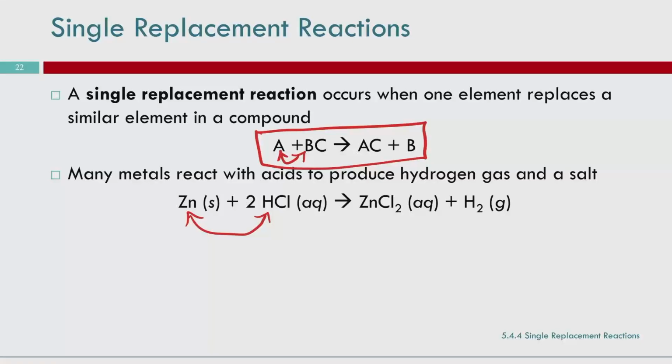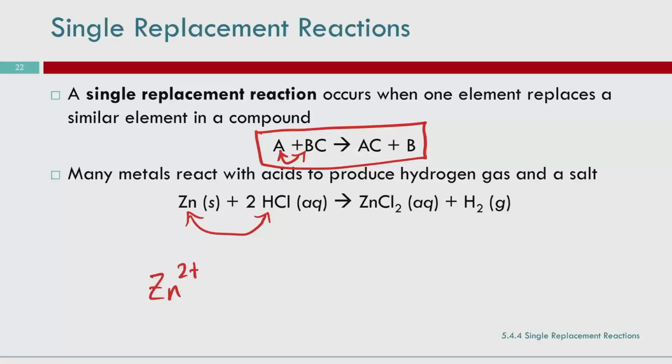Why did zinc swap for the hydrogen instead of swapping for the chloride? Because zinc has... What kind of charges do these have when they're ions? Zinc has what charge when it's an ion? Is it positive or negative? It's going to be positive. What about hydrogen when it's an ion?